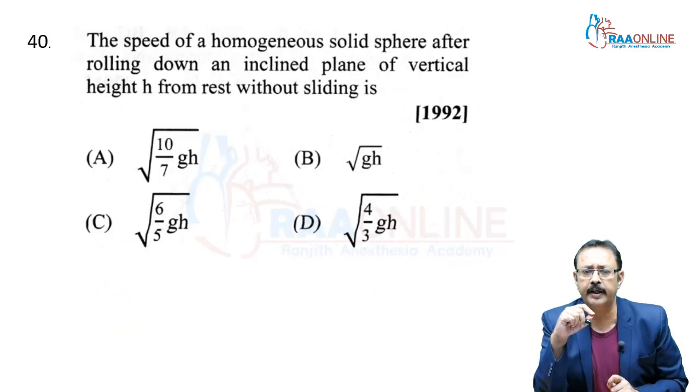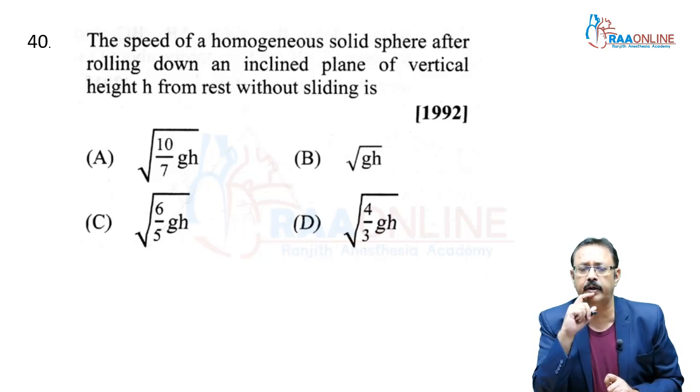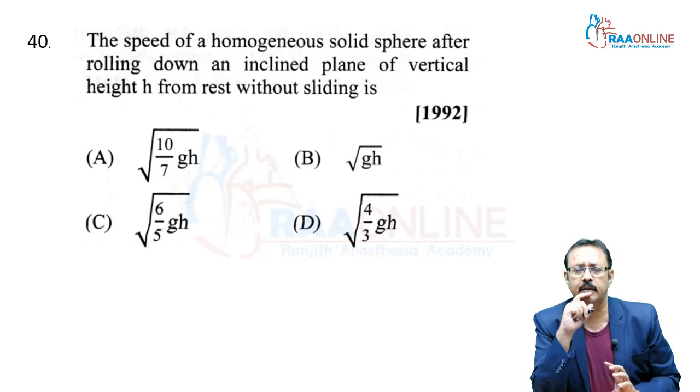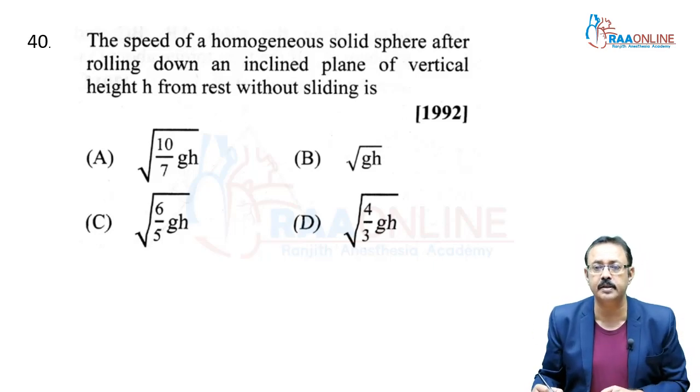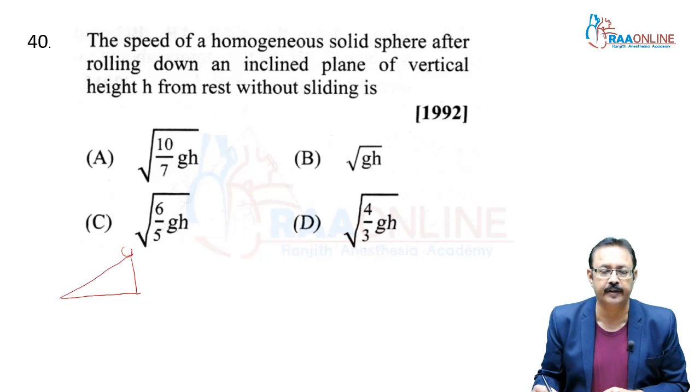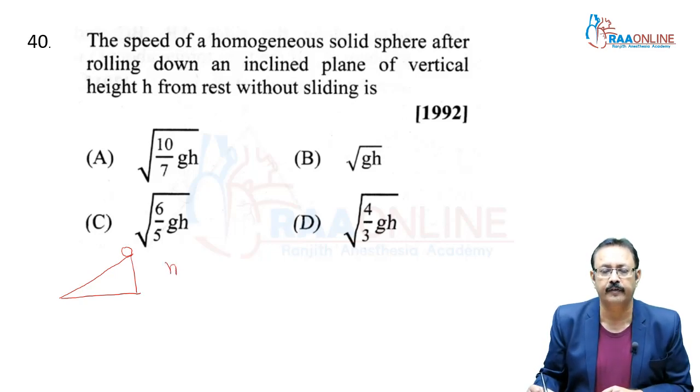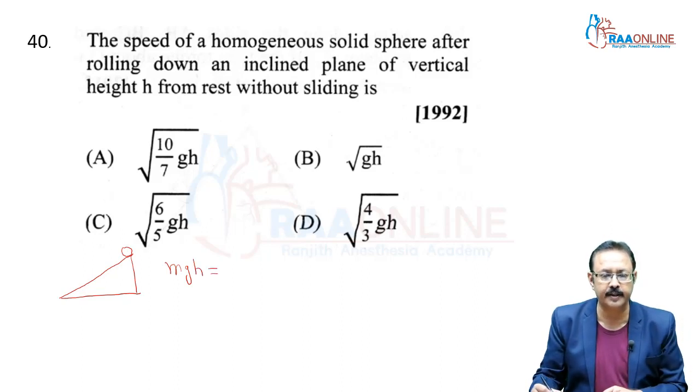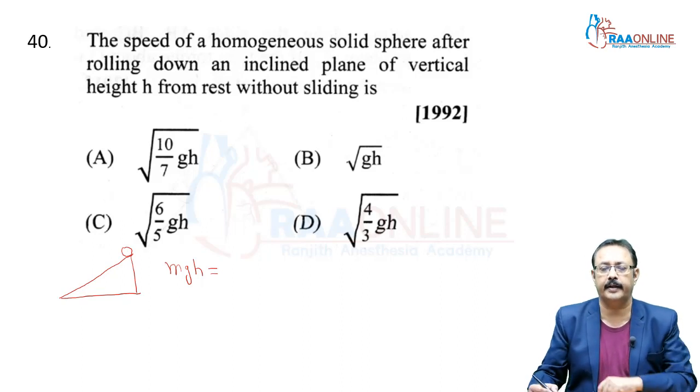48th. The speed of a homogeneous solid sphere after rolling down an inclined plane of vertical height h from rest without sliding is... It is clearly mentioned that it is a solid sphere. When it comes down, its potential energy will convert into its translational kinetic energy plus rolling kinetic energy.